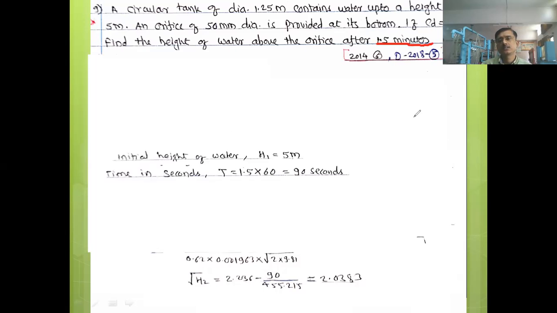1.5 minutes, how many seconds will it be? 1.5 multiplied by 60 seconds. In 1 minute we have 60 seconds, so it will become 90 seconds.